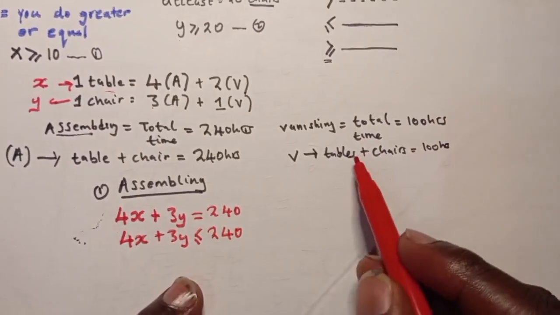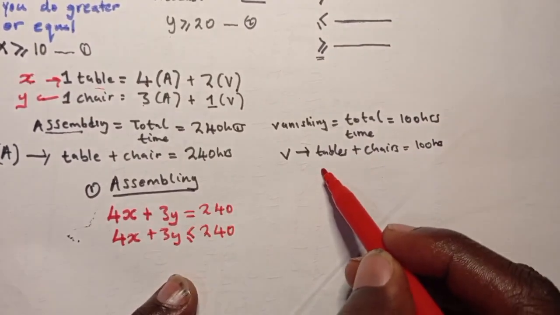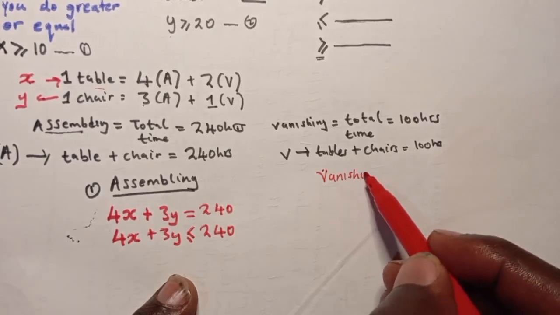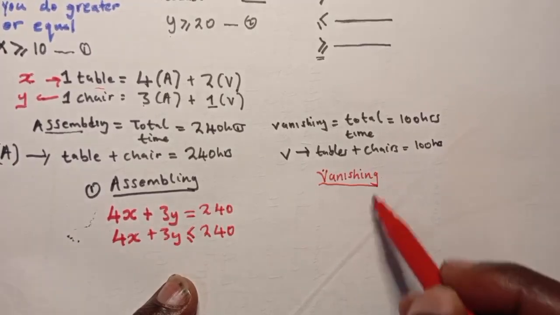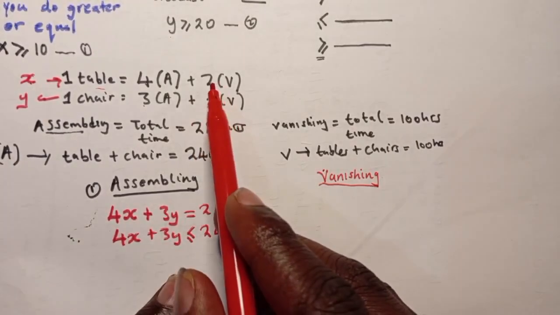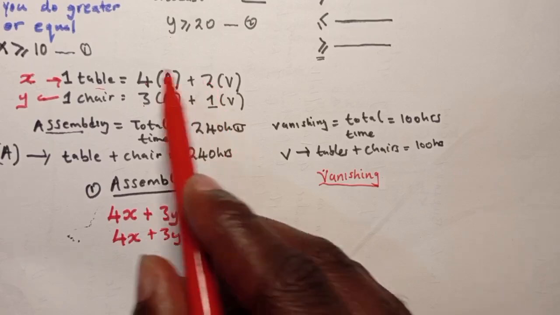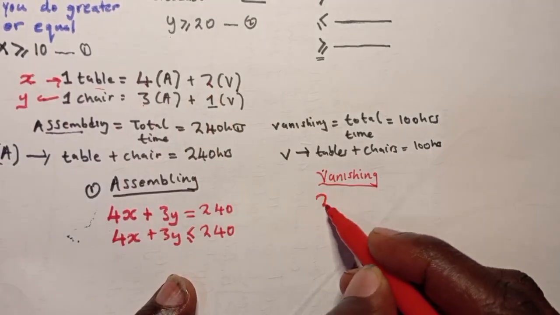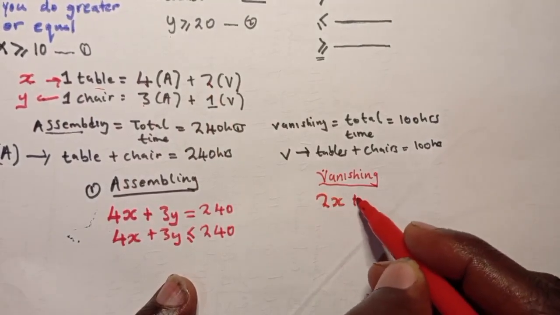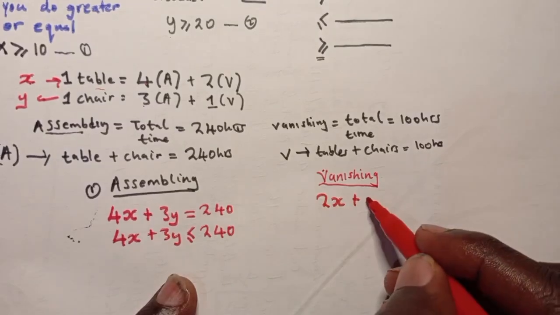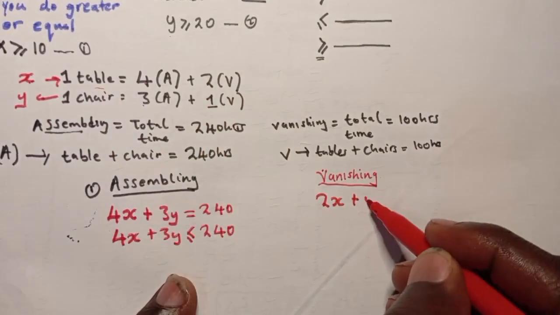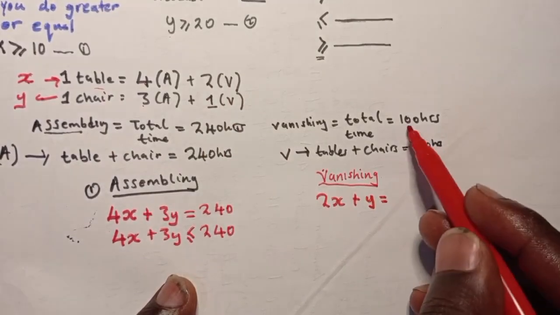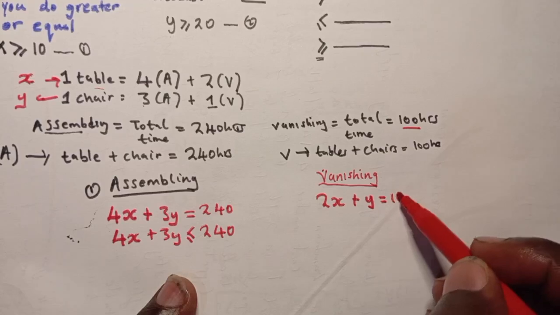We do the same thing for vanishing. We are told to vanish one table is 2 hours, so we are going to say 2x, plus vanishing one chair, 1y, which is just y, is equal to the total hours for vanishing, 100.